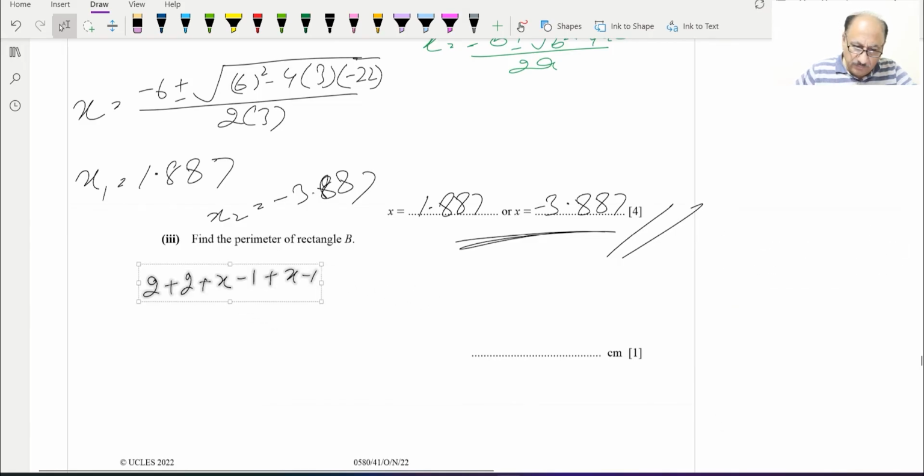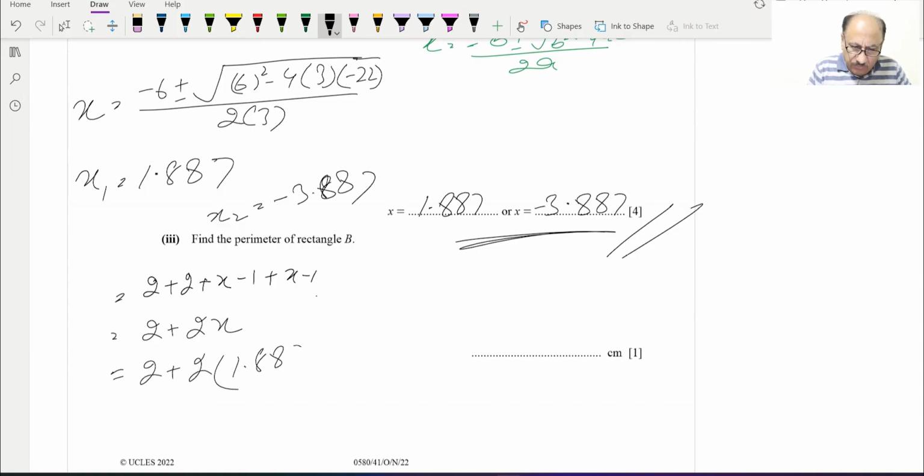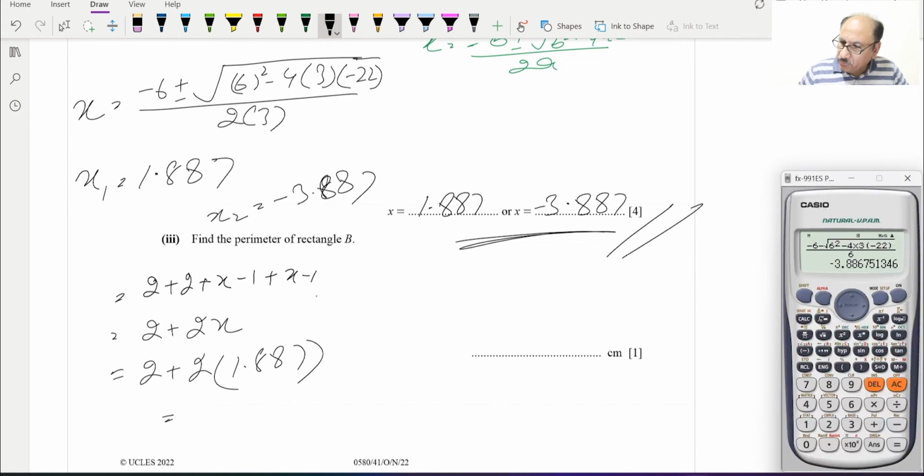This will be the perimeter, and perimeter for B will be what? This one we can add, this will be 2 into 2 will be 4, 4 minus 1 will be 3, 3 minus 1 will be 2. So we can write 2 plus 2x. So this will be 2 plus 2 into the positive value 1.887, and this will be equal to 2 plus 2 into 1.887 and bracket close, and this is equal to 5.774.